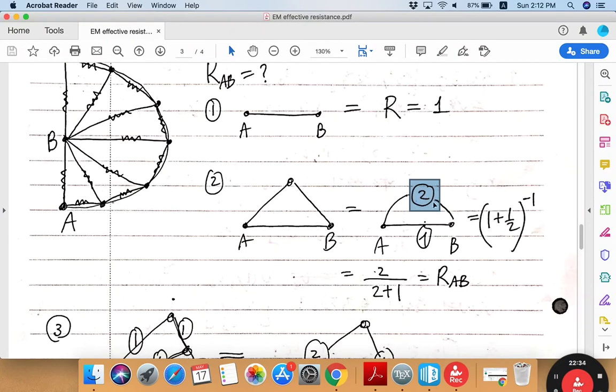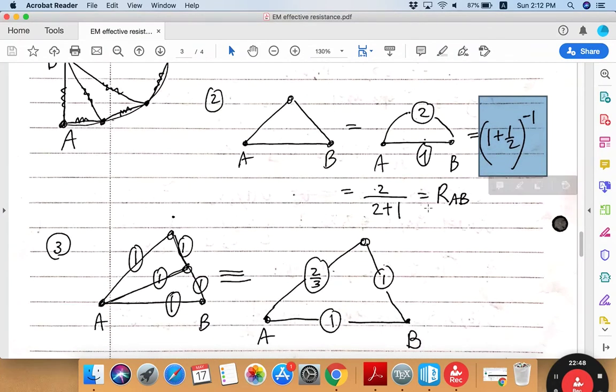And this resistance 2 is connected to a resistance 1 in parallel, and therefore you can use the addition of 2 parallel resistors to come up with the effective resistance, which is 2 over 2 plus 1, or 2/3. So that will be the node-to-node resistance of a single triangle of resistor network.